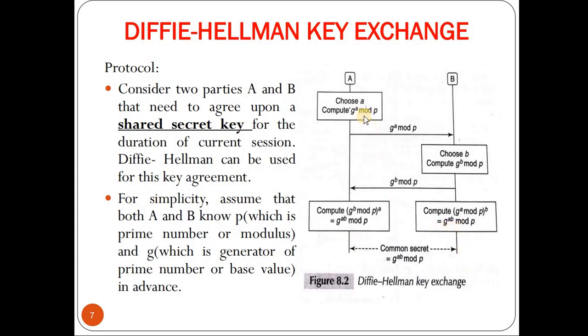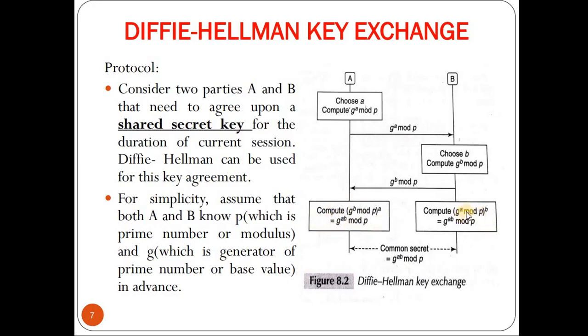In this case you need to see that a is the private key of A, and G to the power a mod P is the public key, also called the partial key of A. Similarly, b is the private key of B, and G to the power b mod P is the public key of B, also called the partial key of B. Using the public key of B and the private key of A, we compute the shared secret key.